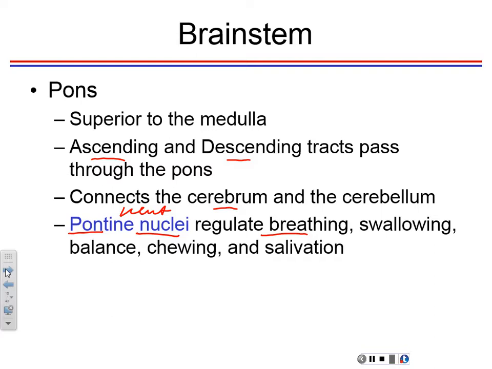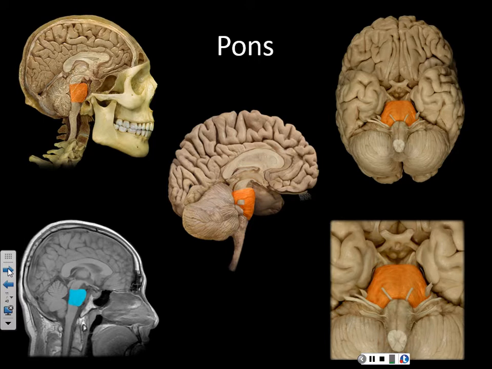That's why it's critical. If you hit small parts of the brainstem, it could be fatal, because of the functions of the brainstem.